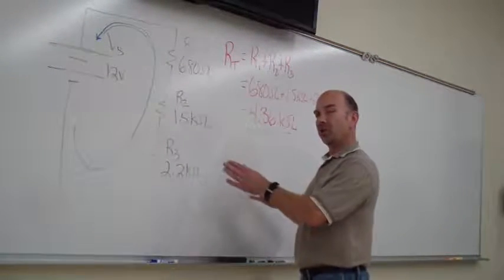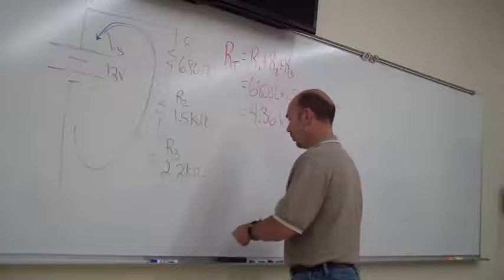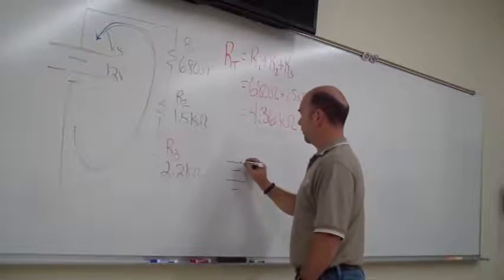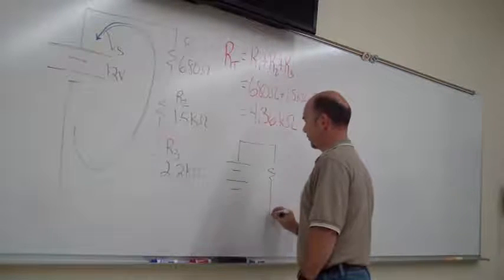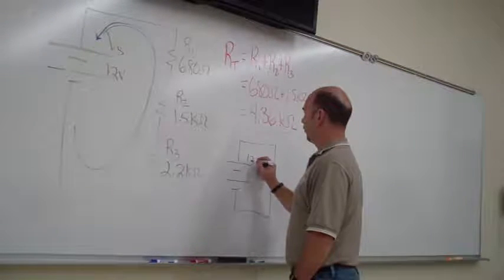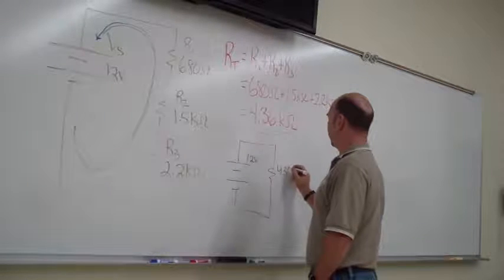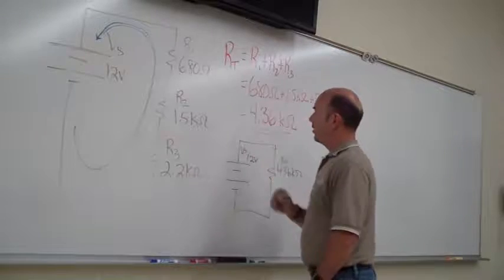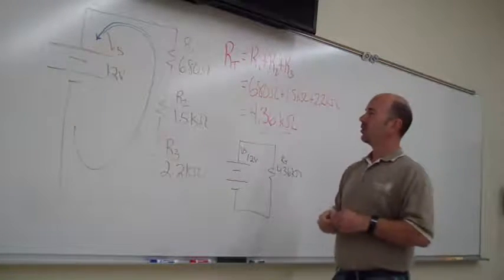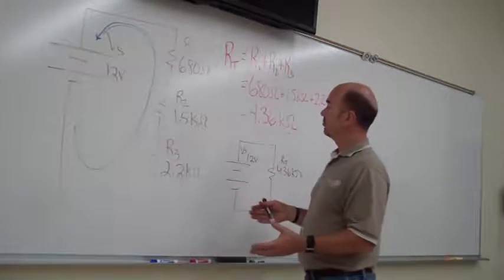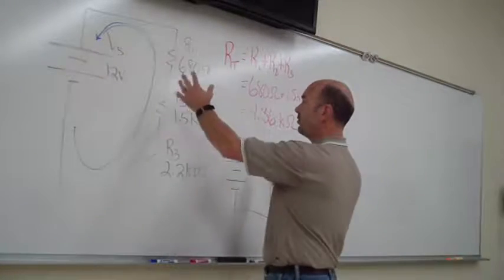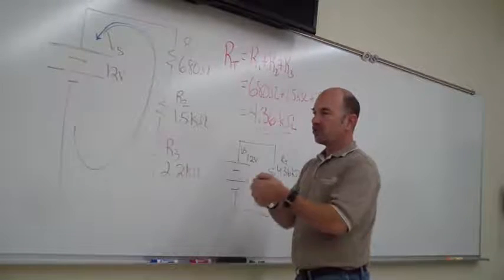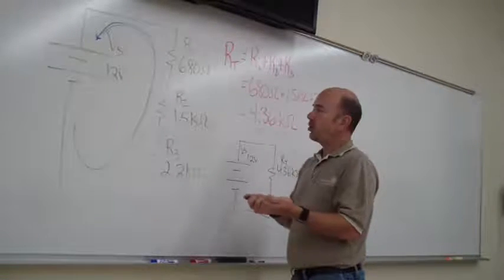Now I can look at the circuit slightly differently if I wanted to, and I can say, well, isn't that the same as doing this? Having 12 volts here and 4.36 K ohms, RT, VS. Well, yes and no. Electrically, if I put these in a black box and measured it as resistance, I couldn't tell the difference.